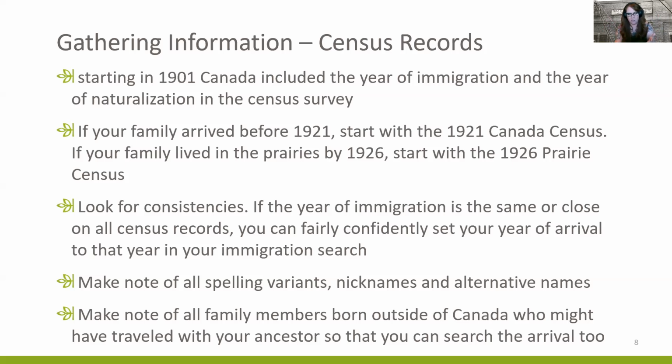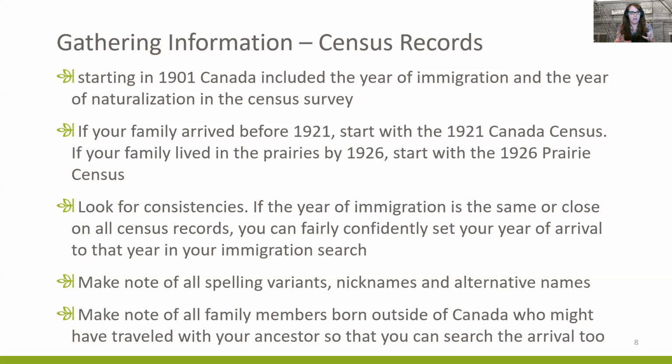That also rings true for the birth year, if you don't have a good source for the birth. Also, make note of the spelling variants. If you see the last name being spelt in a variety of ways on the census records, write all that down, because you can apply it to your immigration search. Nicknames as well, or other given names they might be using.